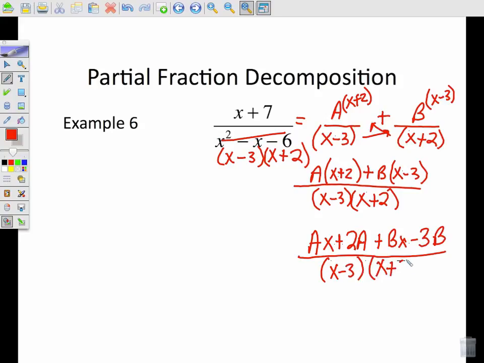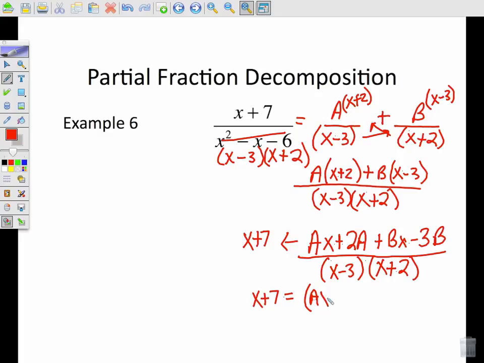But what I really want is for my numerator to equal x plus 7. Just the numerator. So that's what I'm going to do next: I'm going to set x plus 7 equal to my numerator, and I'm going to group a few of these together.